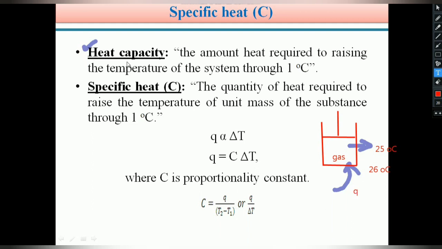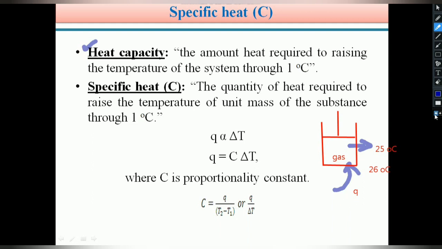So, a very easy definition, students. Heat capacity is the amount of heat required to raise the temperature of the system through 1 degree centigrade.